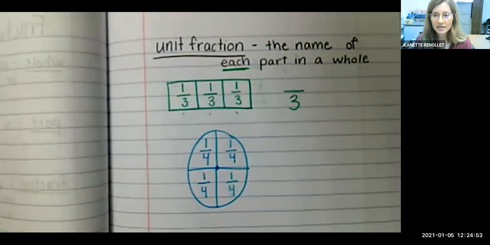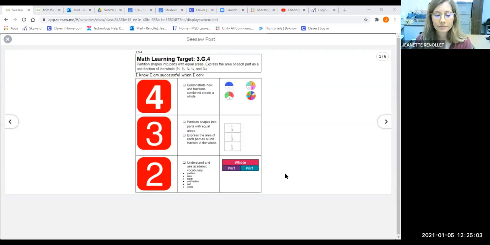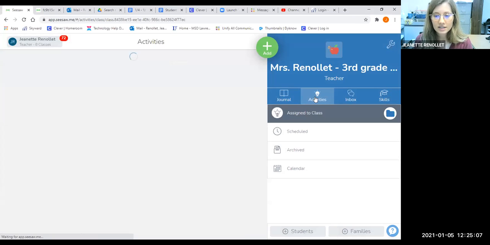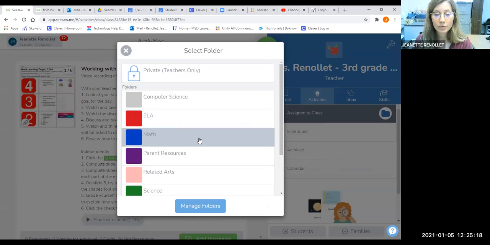Let's go find our Seesaw task together. On Seesaw, please click on Activities, Assign to Class folder, blue for Math.